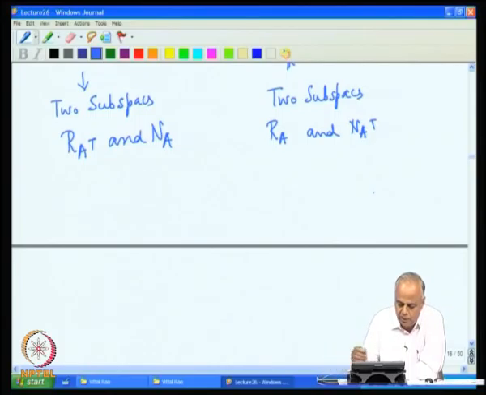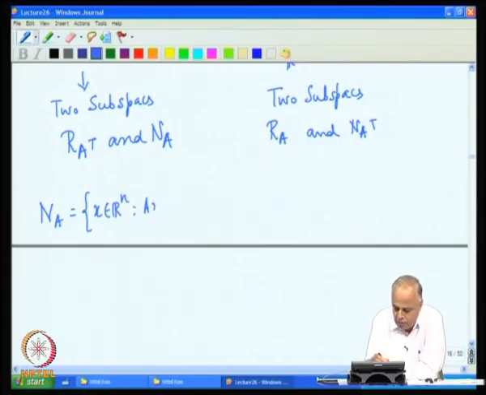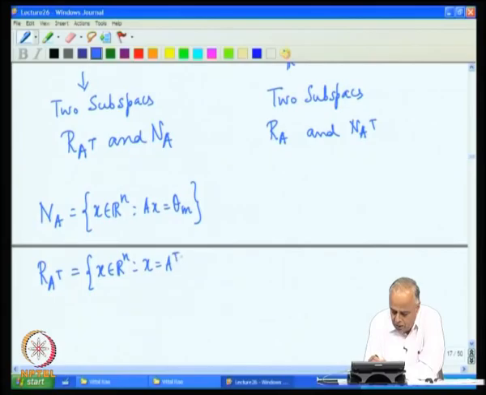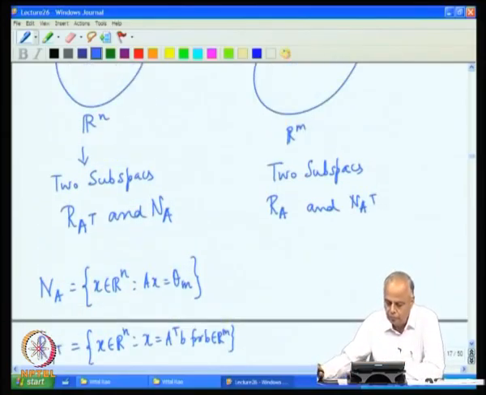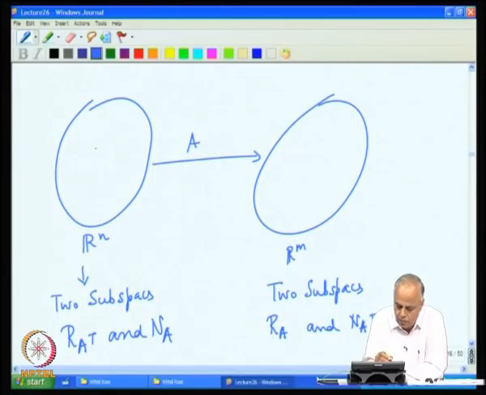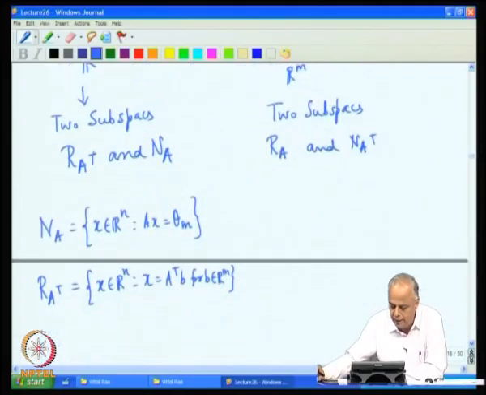What are these subspaces? The null space of A is the set of all vectors in Rn which get mapped to the 0 vector under this transformation, and R(A transpose) is the set of all vectors x in Rn such that x is of the form A transpose b for b in Rm. It is the image of some vector. You consider a vector x, it is the image of some vector under the transformation A transpose.